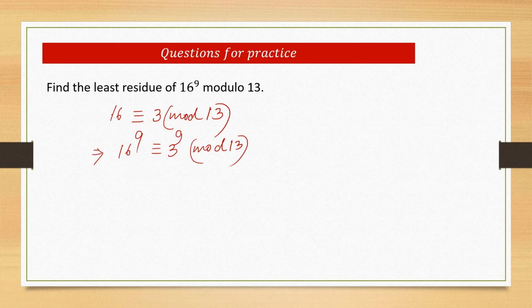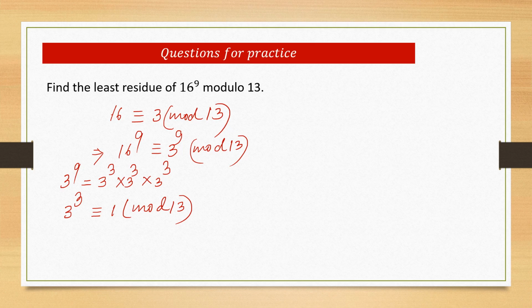Now let us come to 3 to the power 9. 3 to the power 9 can be written as 3 to the power 3 multiplied by 3 to the power 3 multiplied by 3 to the power 3. 3 to the power 3 means 27, which is equivalent to 1 modulo 13, because 27 is 1 modulo 13.